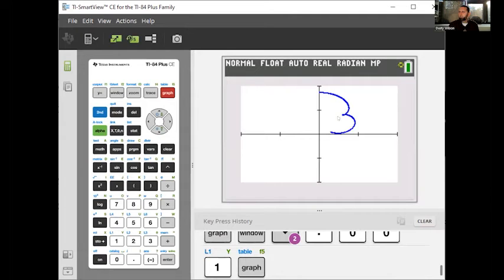It looks like there's a little loop-de-loo thing that's happening right there on the inside. A little inner loop. It's kind of a cool, pretty little shape. And one of the things that you'll note as you play around with parametric equations is that many of the pictures are quite pretty.